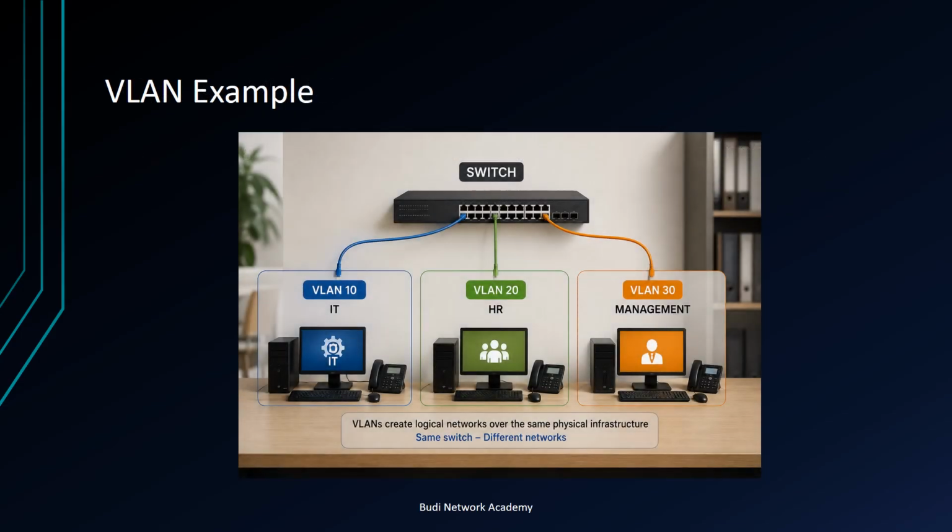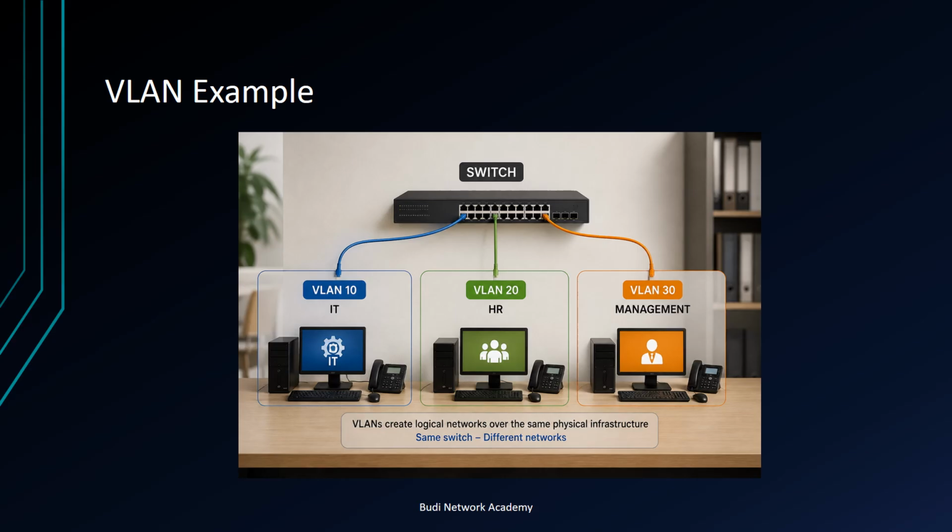Let's look at a simple example. Here we have one physical switch, but inside this switch we can create multiple VLANs. VLAN 10 could be used by the IT department. VLAN 20 could be used by HR, and VLAN 30 could be used by management.